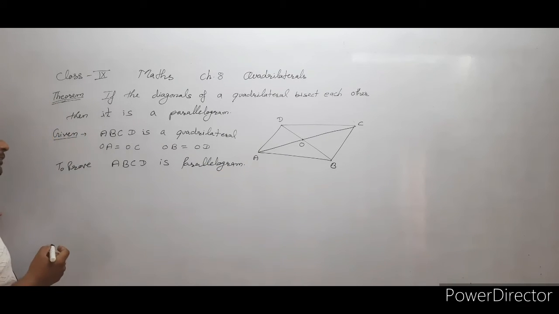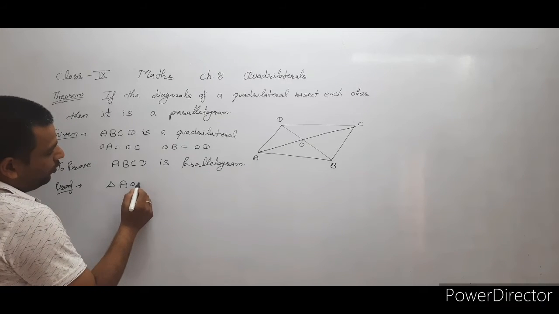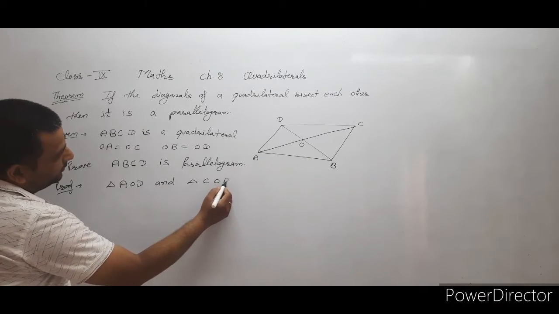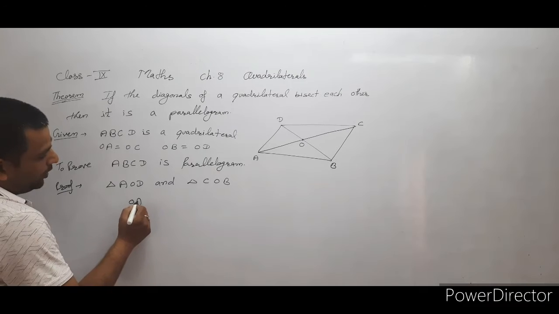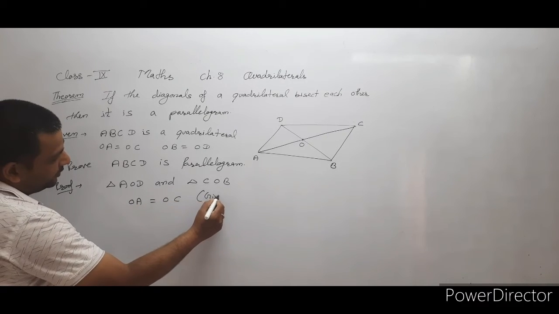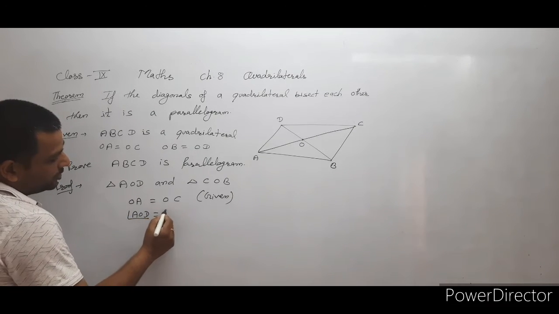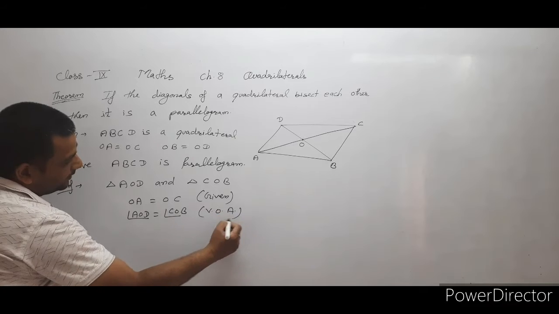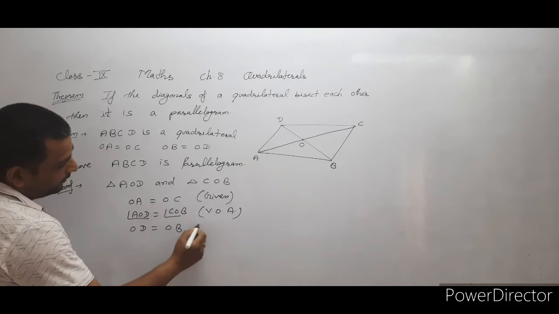To prove a parallelogram, we use triangles in this proof: triangle AOD and triangle COB. In both triangles, OA is equal to OC, it's given. Angle AOD equals angle COB, vertically opposite angles, and OD is equal to OB, it's given.